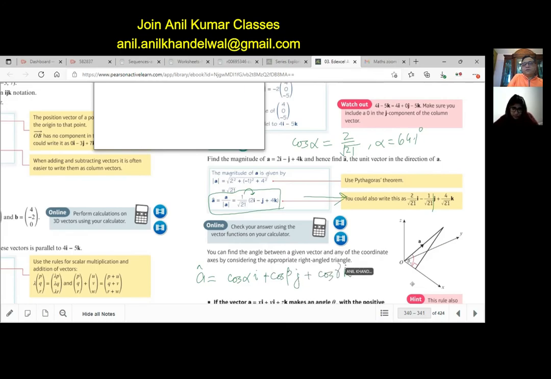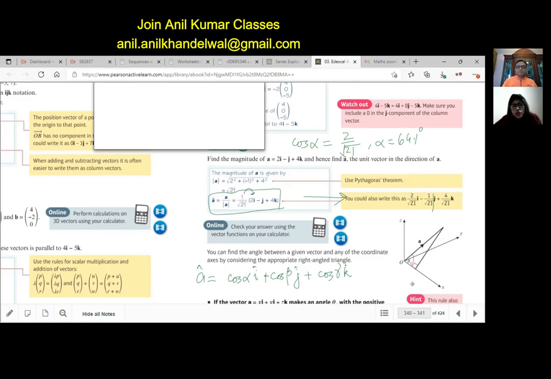Can you correlate now with this? Yes, I can. Exactly. You have given the direction along i, j, k, and this is a unit vector, along with the magnitude given there. Is that clear to you?